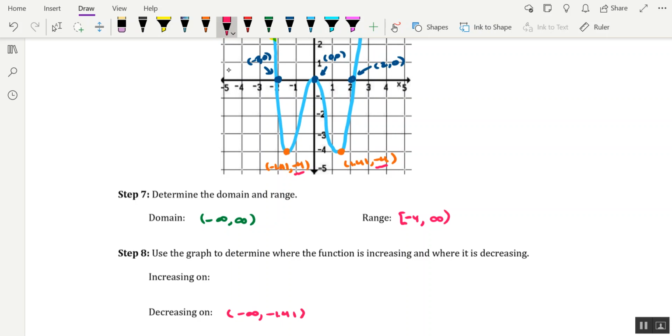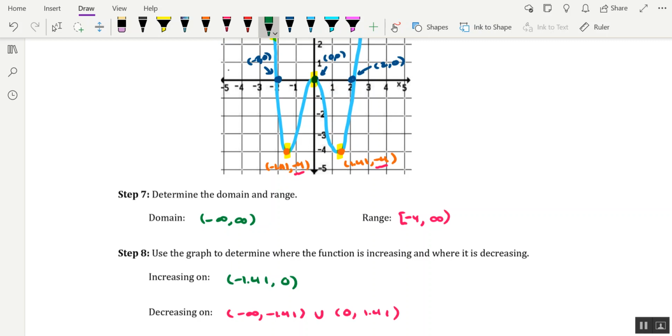And then it increases from the absolute minimum to the local max, and that happens between the x values of negative 1.41, comma 0. And then it decreases from the local max to the second absolute min, which is between the x values of 0 and 1.41.